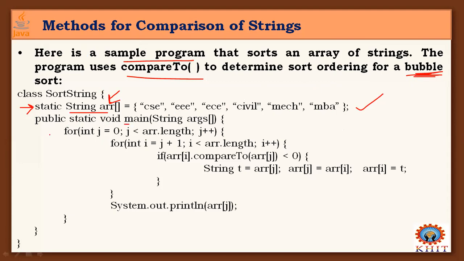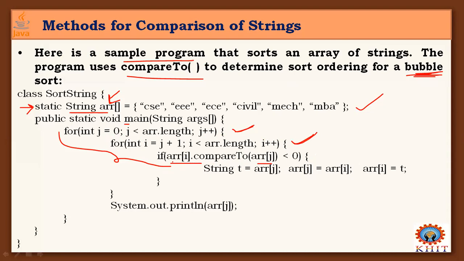In the main method, I have the bubble sort logic. This is for rows and columns. The if condition compares the first element with the next element, this is the row value and this is the column value.